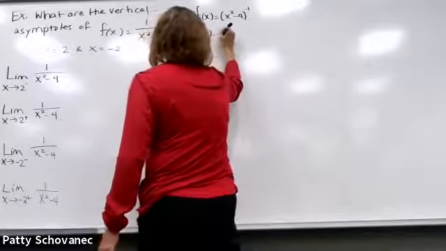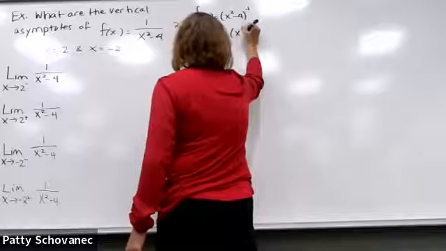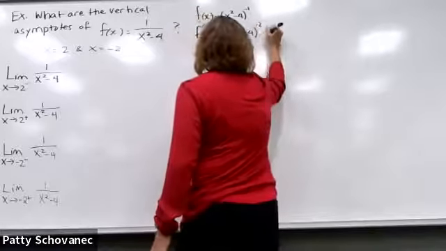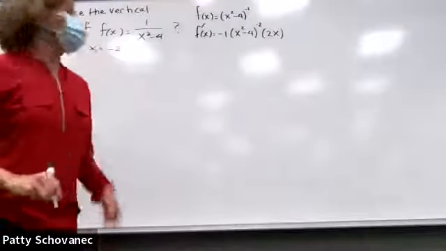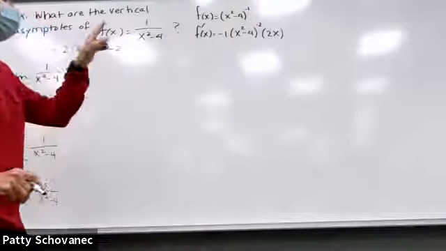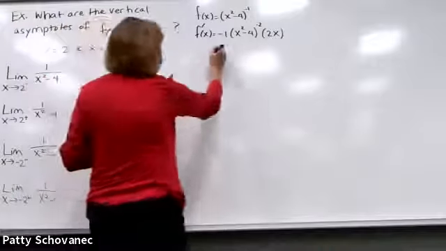So bring the power down. Raise it to 1 power less, puts me at a negative 2 power. Don't forget the derivative inside. And so when you simplify that, puts a negative 2x on top, x squared minus 4 squared on the bottom.